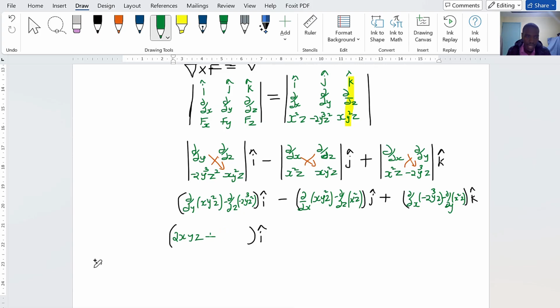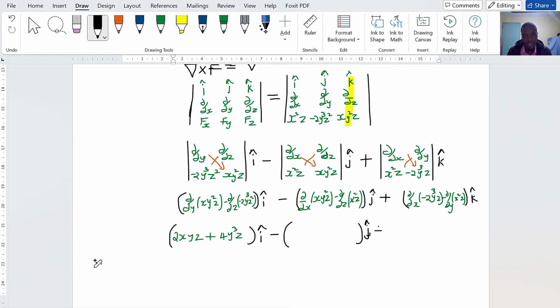Minus becomes positive. Now you are differentiating with respect to z, so you only look at z. Z is squared, 2 times 2 is 4. Y remains untouched, and you reduce the power of z by 1. So it will be 4 y cubed z. That is what we have. Now minus, we need another one here.